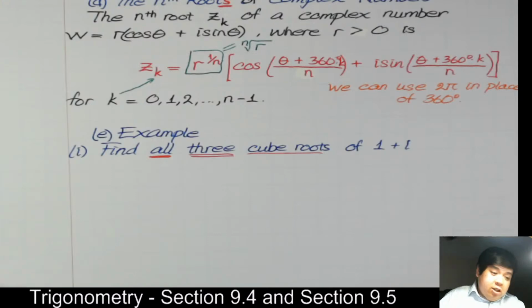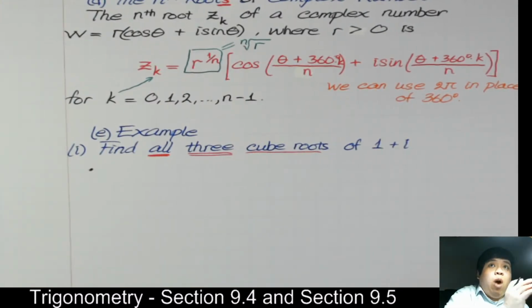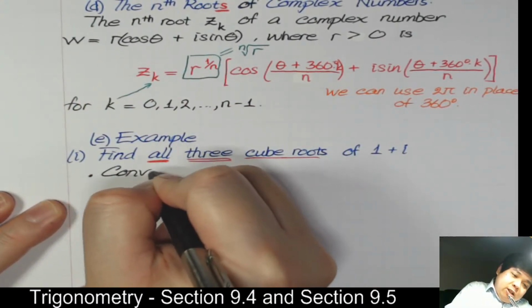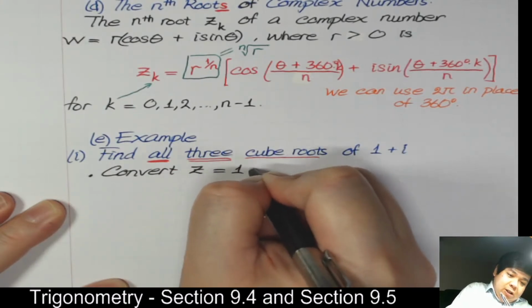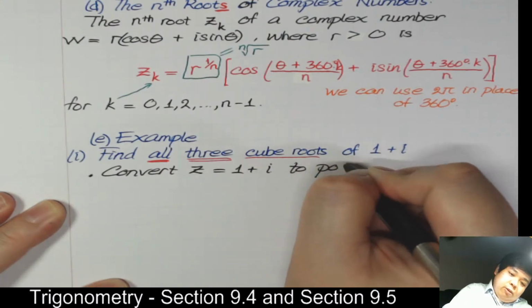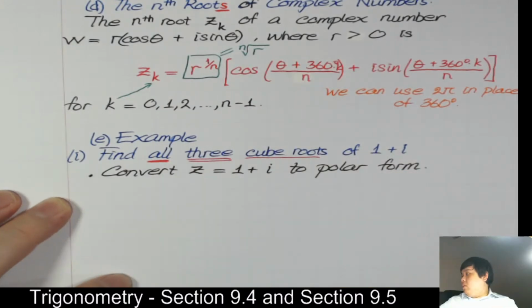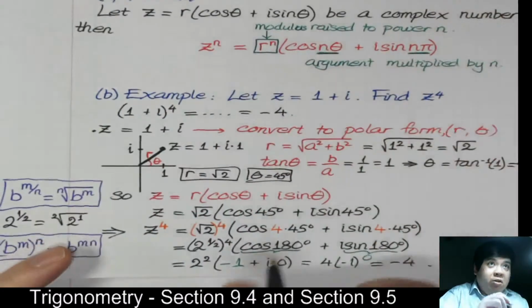Right, so first, this is the step that we always have to do, is write this in polar form. So first, convert z equal 1 plus i to polar form. And we already did that on the previous example.